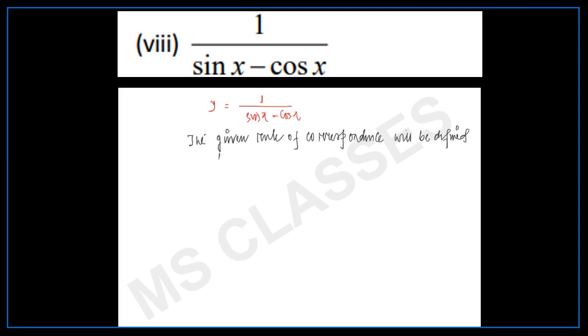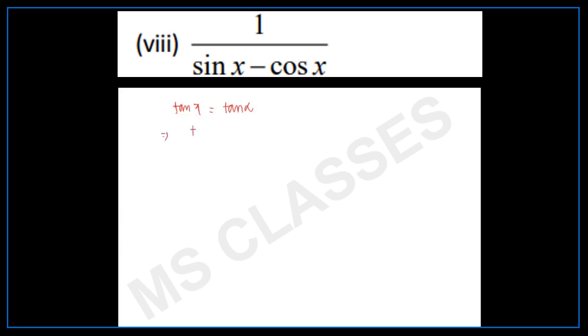when sin x minus cos x is not equal to 0, and that gives tan x not equal to 1. That implies tan x not equal to tan pi by 4. So we can write this one as tan x minus tan alpha equal to 0.